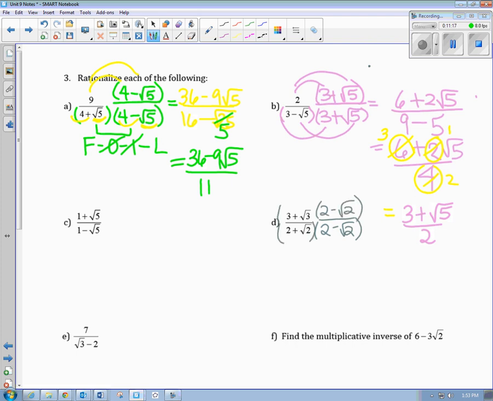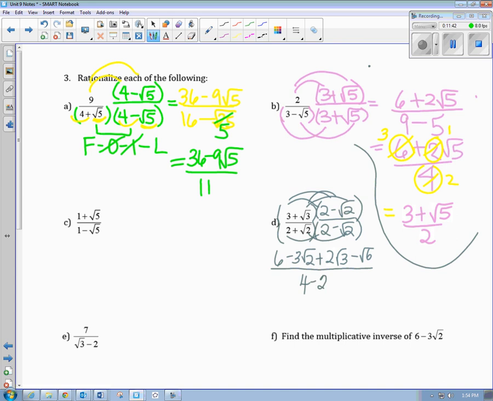In this case, because the top is already a binomial, I'm going to have to FOIL on the top. So I do all the foiling. This is 6 minus 3 radical 2 plus 2 radical 3 minus radical 6 when I FOIL that out. And on the bottom, just first and last because they're conjugates, so this is 4 minus 2.